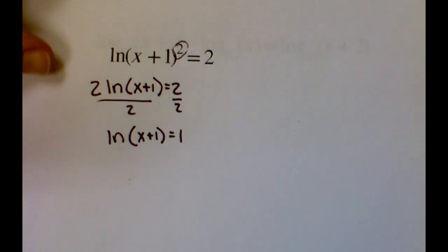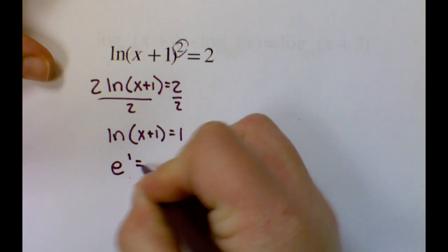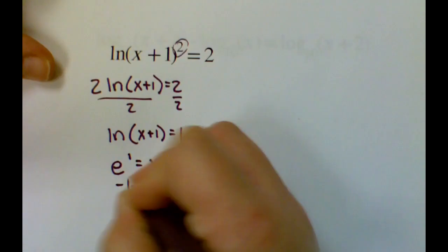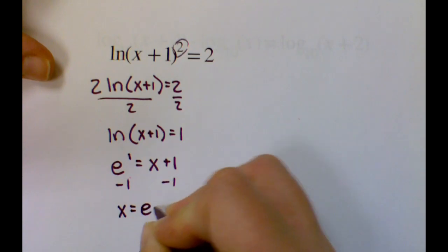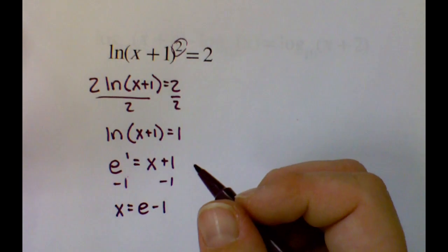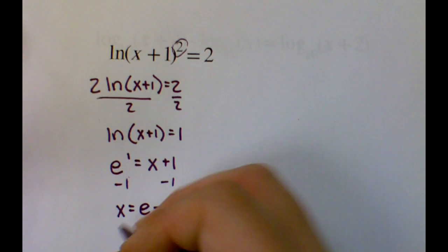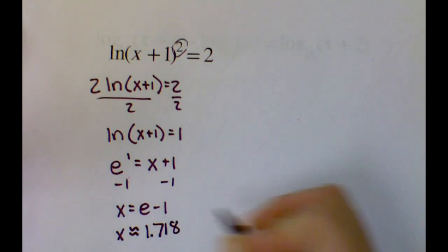Now to solve a natural log problem, I take my base to the power of 1 equals x plus 1. Then I subtract 1 to get x alone. My x value is going to be e minus 1, which according to my calculator tells me x is approximately 1.718.